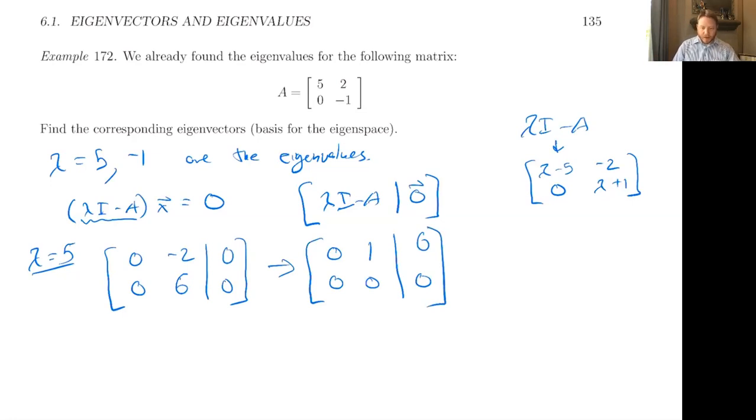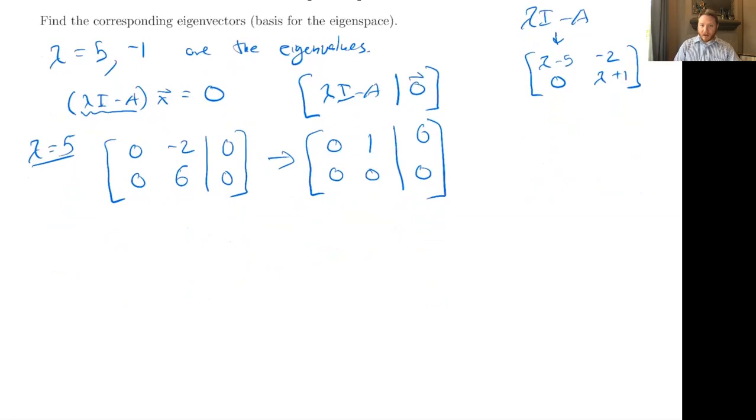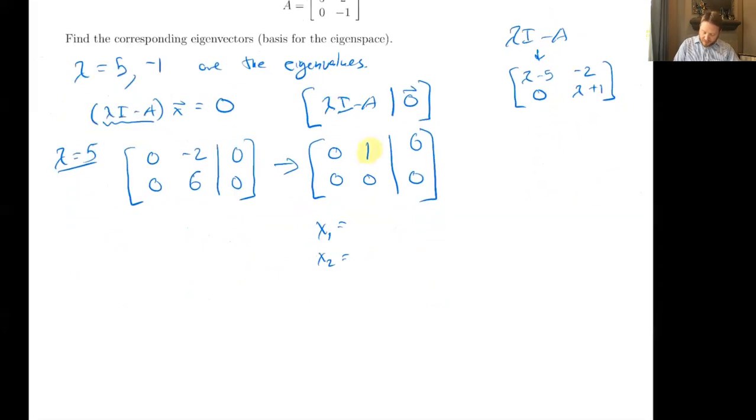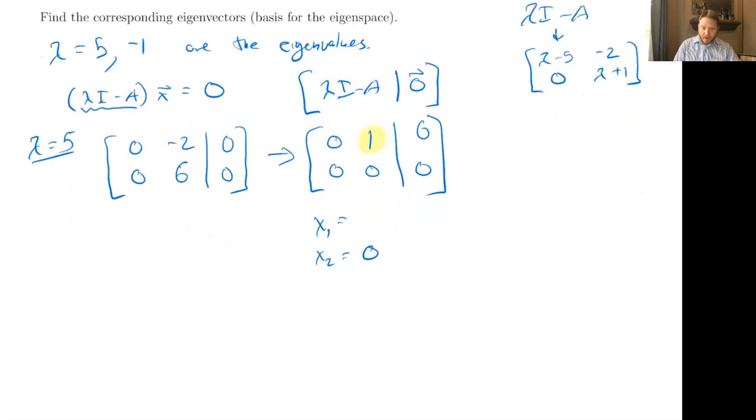So you can row reduce these in your head. There you go. Now, we talked in the previous section about how to do this. What do I need to do? Well, who is the free variable and who is not? Well, x2 equals 0, right? That's what that first equation says. x1 has nothing, right? So x1 is a free variable.